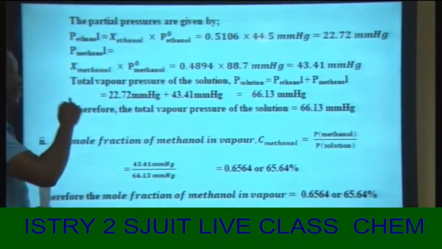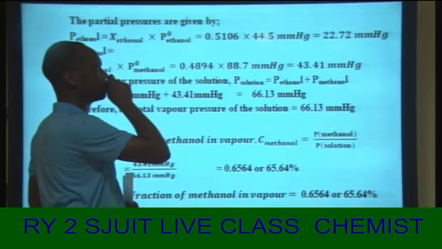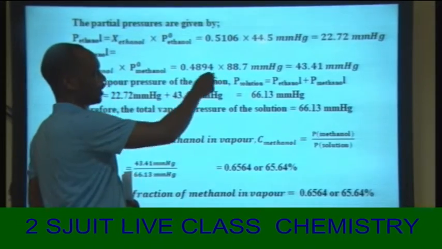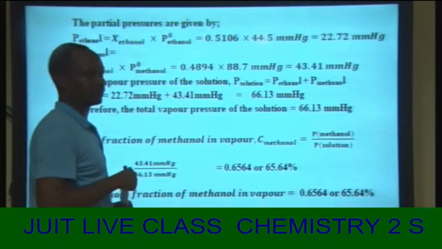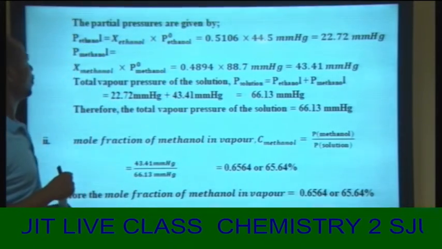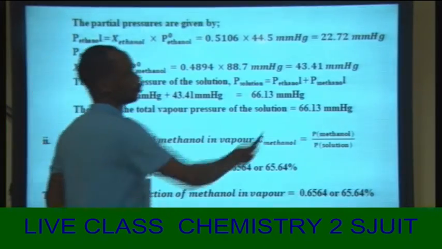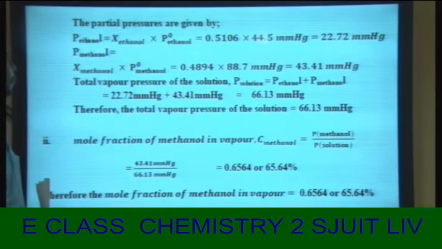Mole fraction of ethanol is equal to 0.5106. Remember, it is unitless, times the pure pressure of ethanol, which was 44.5 millimeter of mercury. Therefore, partial pressure of ethanol is equal to 22.72 millimeter of mercury.